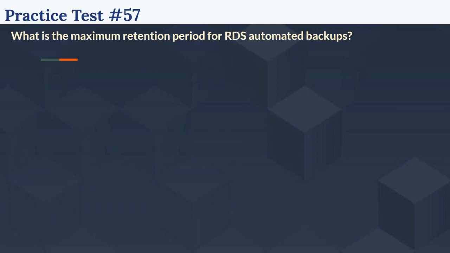So the 57th question is: what is the maximum retention period for RDS automated backups? So the options are option A 7 days, option B 2 weeks, option C 1 month, option D 35 days. Please select your answer in the next 5 seconds. 5, 4, 3, 2, 1.